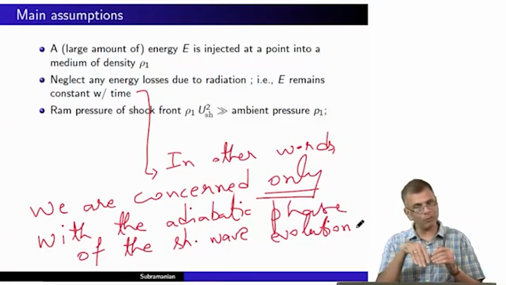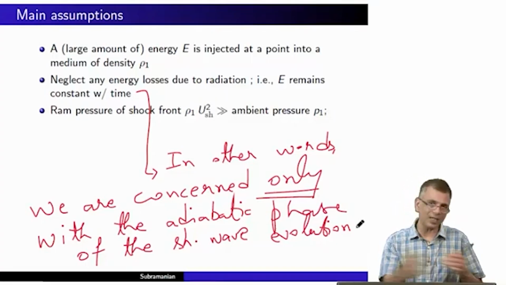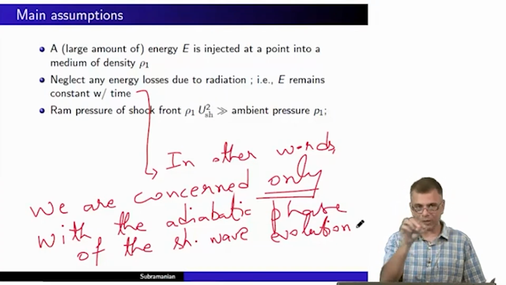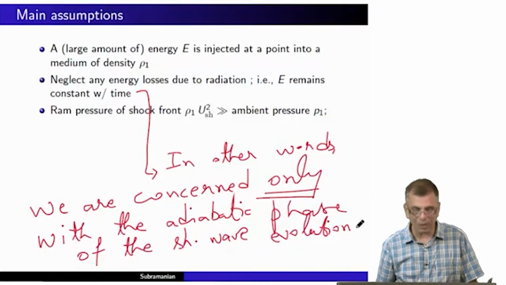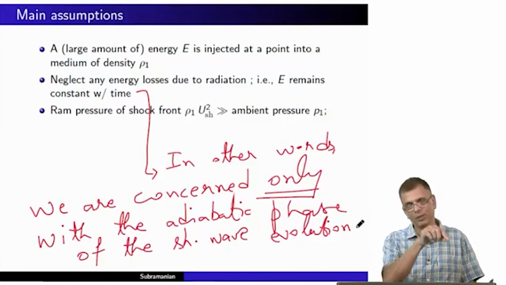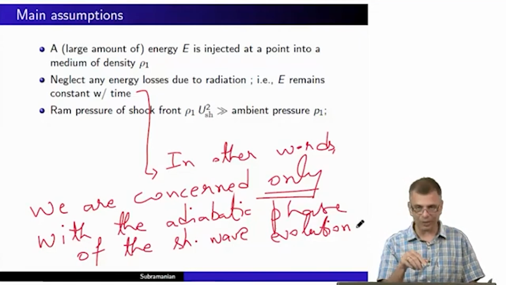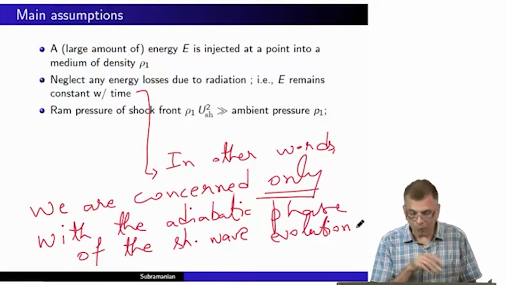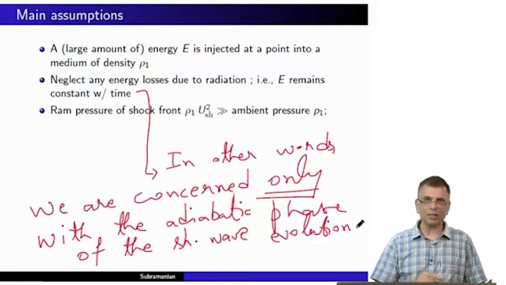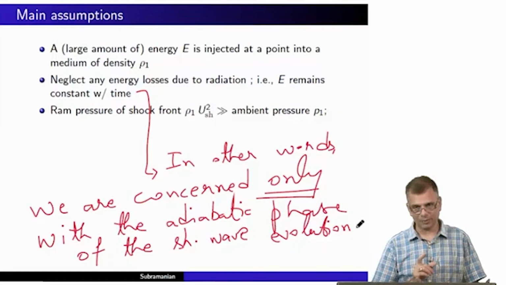For a while, the shock wave doesn't care. It just carries on because the amount of interstellar material that's accumulated in front is very, very small. But beyond a point, the amount of material that it accumulates becomes significant, and it slows the shock down. What we are investigating here does not concern that phase.